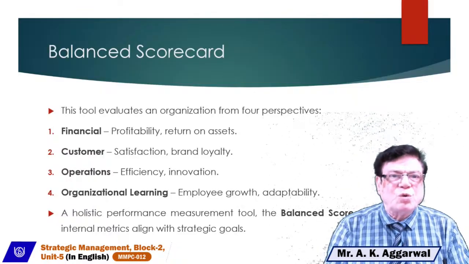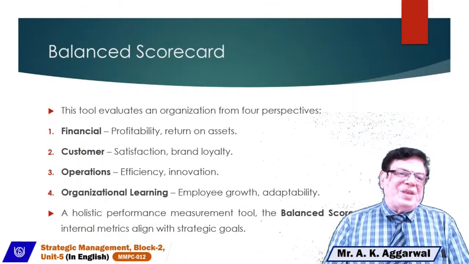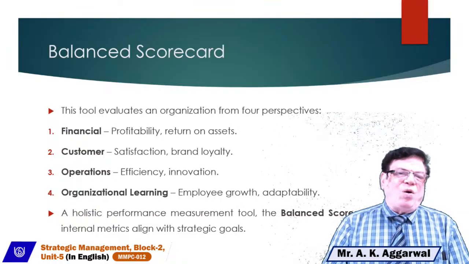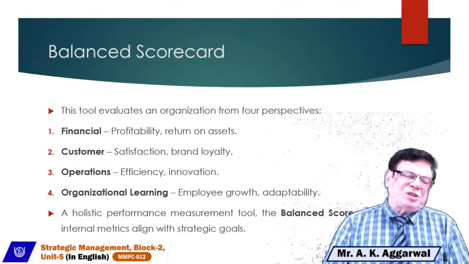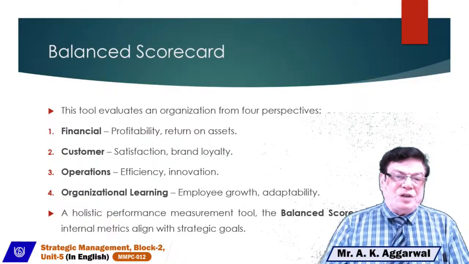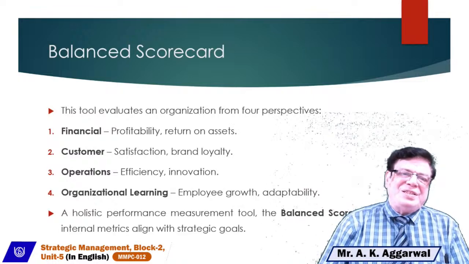So, the balanced scorecard evaluates an organization from four perspectives. What are the perspectives? First is financial: what is the profit of the company, and return on assets, how much return is there on the assets.